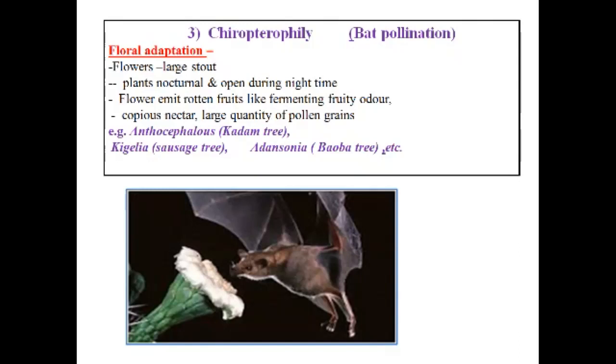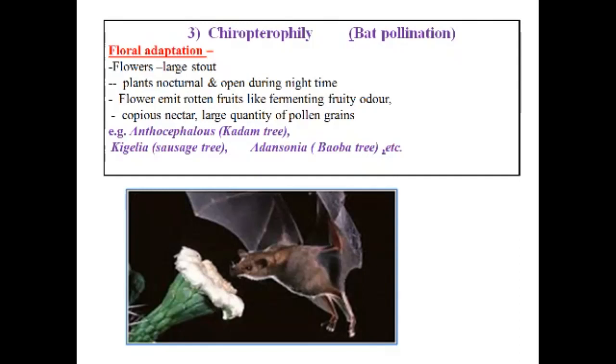Flowers emit a fermenting, fruity odor. So a fermented smell is released by the flower. It helps to attract the bats. It produces copious nectar.